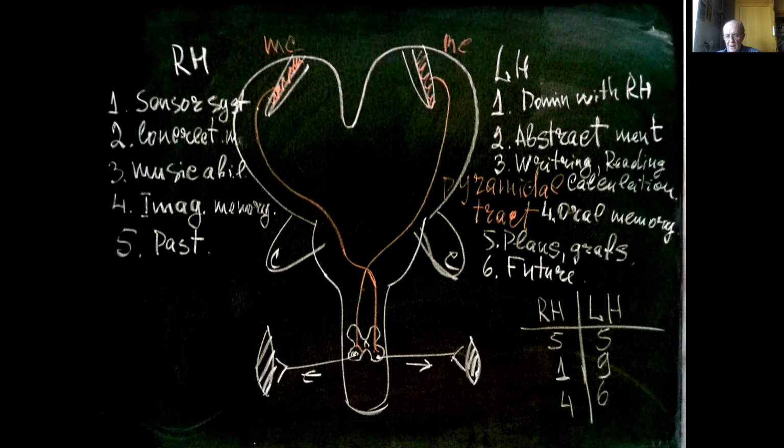It may be that one man has, for example, we do 10 tests, 9 tests show the left hemisphere is dominant. Only in one case, this is the domination of the right hemisphere.